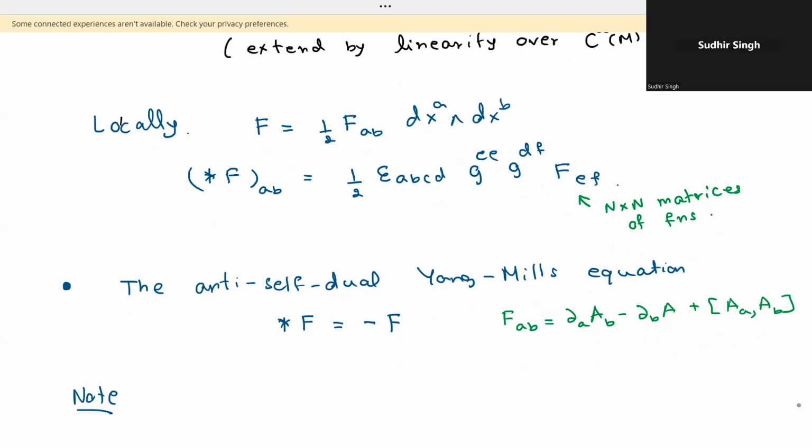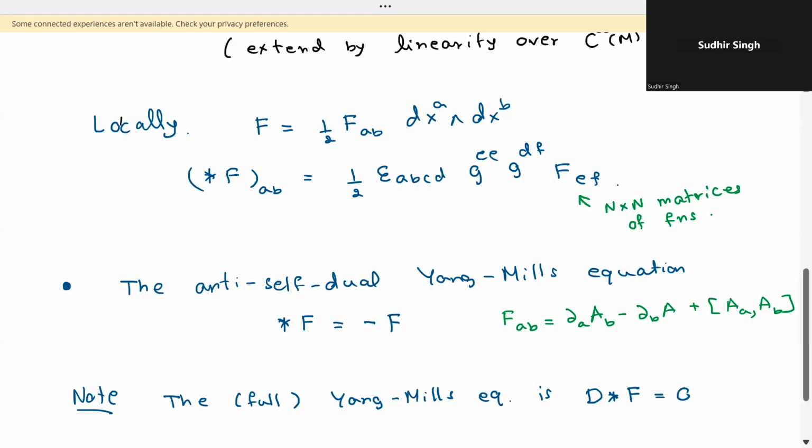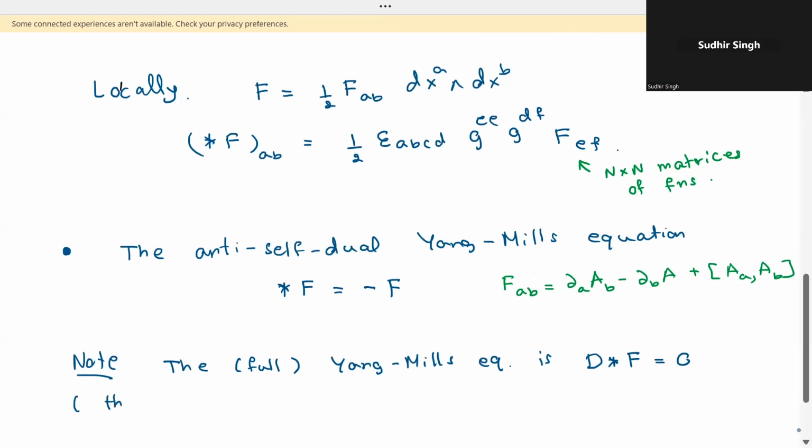But the name Yang-Mills comes because the full Yang-Mills equation is actually the Euler-Lagrange equation of a functional on vector bundles called the Yang-Mills functional, obtained by the variational principle. And in this case it is d star F equals 0.